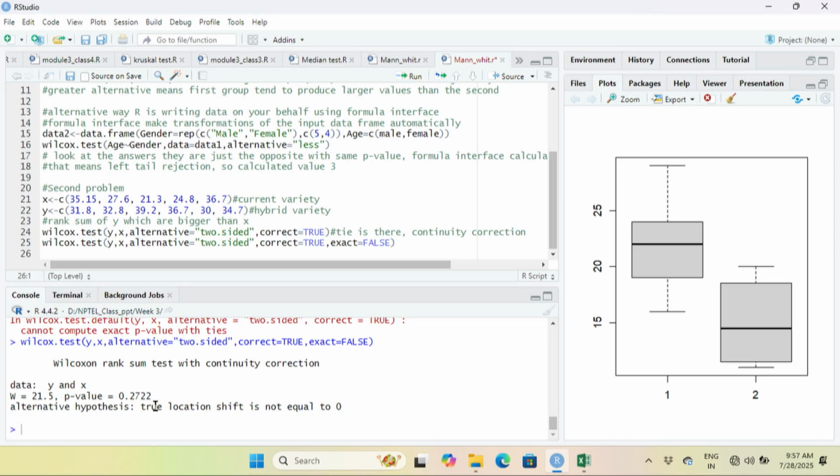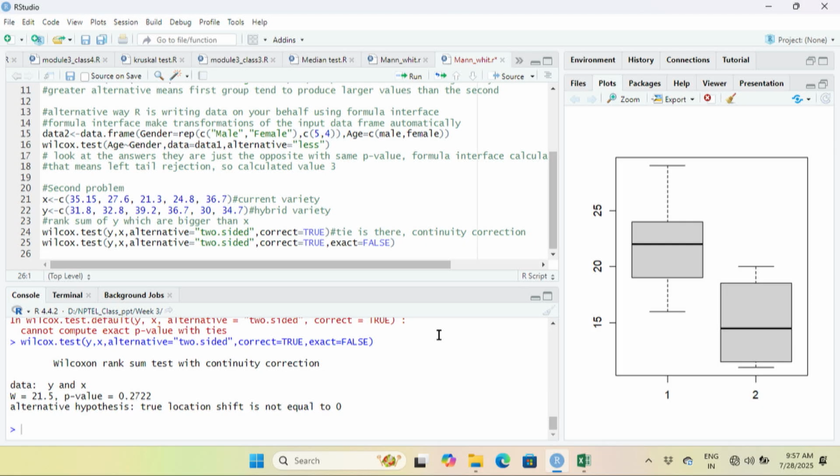If you have fixed your alpha at 0.05, then it is quite bigger. Then we fail to reject the null hypothesis. That means the girth of the current variety as well as the girth of the hybrid variety are the same. Okay. So that's all about the R handling for these types of problems.